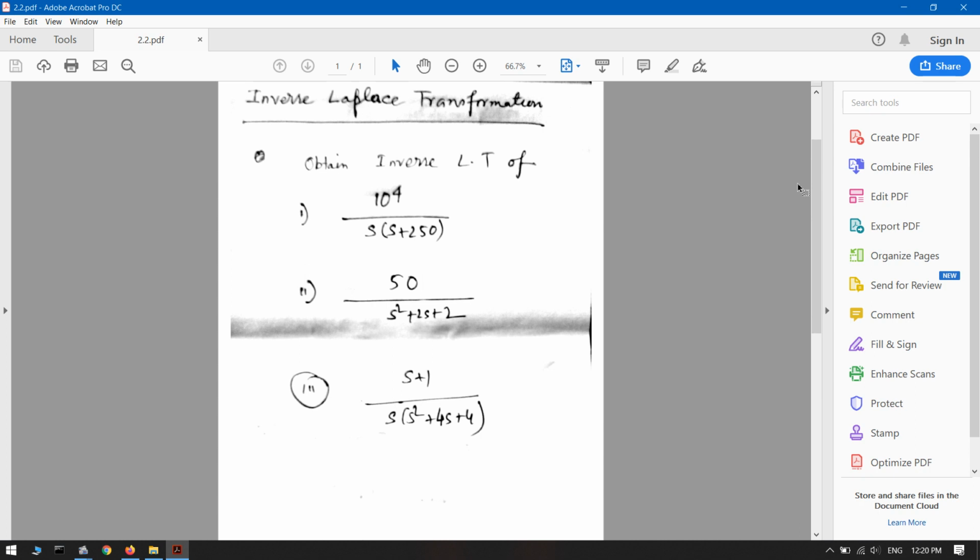What will be the value of a? A will be equal to 50 by (s plus 1 minus j), where you have to put s equal to minus 1 minus j. How much are you getting?